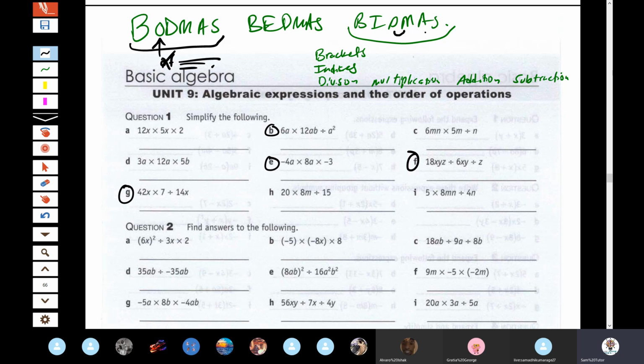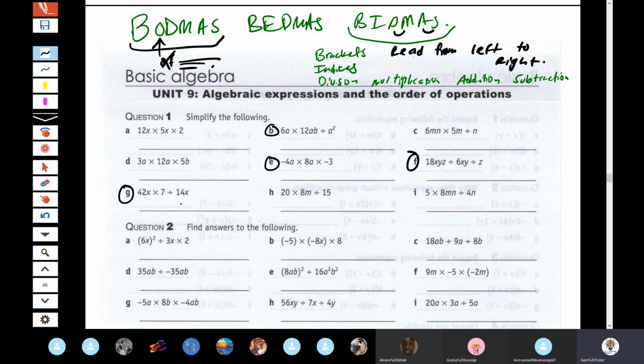If they're in the same group, like these two are and these two are, then we read from left to right. So it's not division before multiplication, right? If it's division and multiplication, like in this case, then we read from left to right. You don't do the division and then come and multiply.